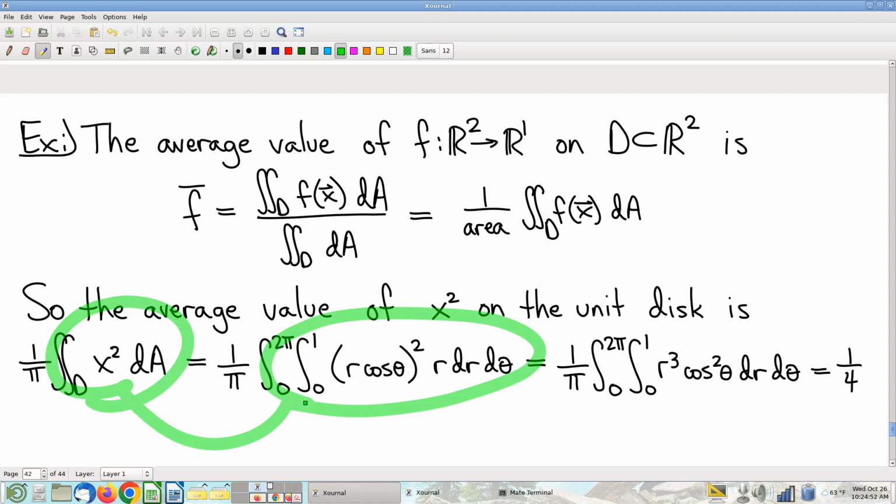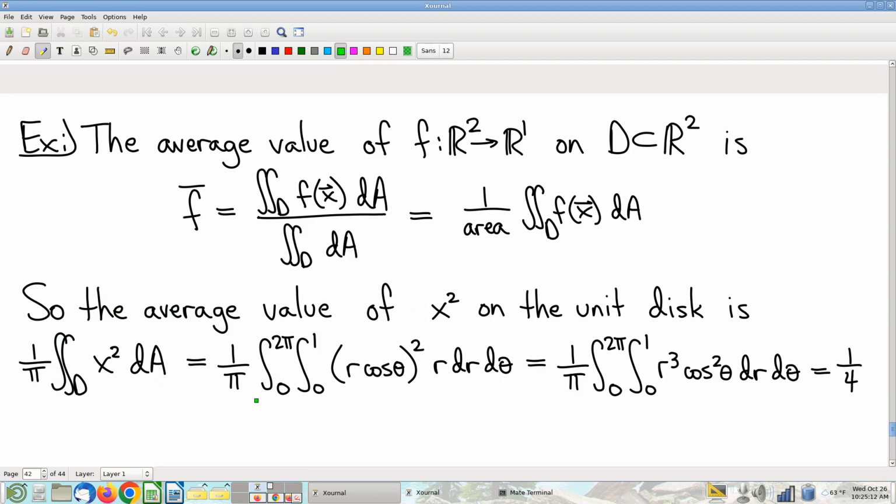And recall that polar coordinates is a tool in your toolbox, and be on the lookout for when you might want to use that tool. Nothing about the statement of this question suggested, hey, by the way, use polar coordinates, right? But it's a good thing to be on the lookout for, and it saves us loads of trouble in this case. And again, compute. The answer, oddly, turns out unexpectedly to be a simple rational fraction.